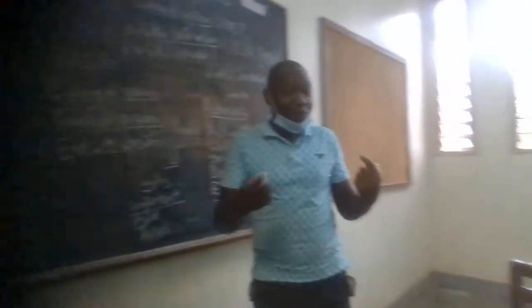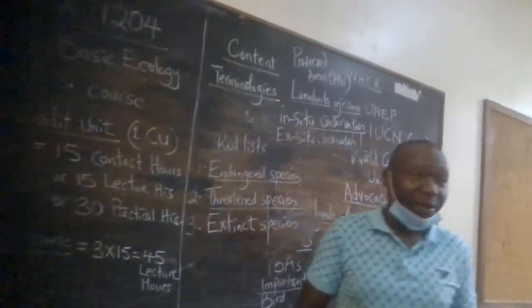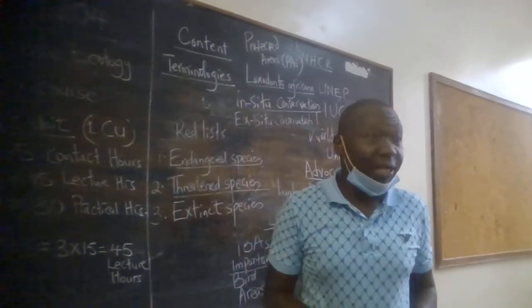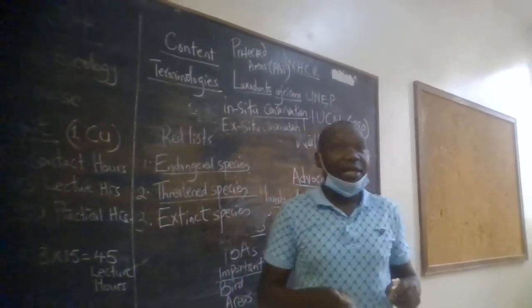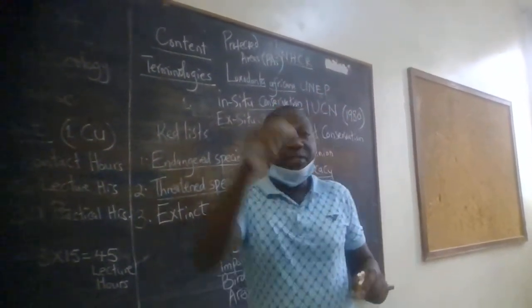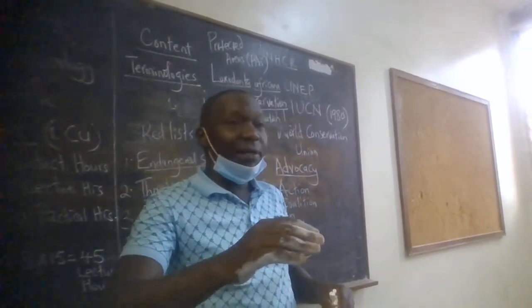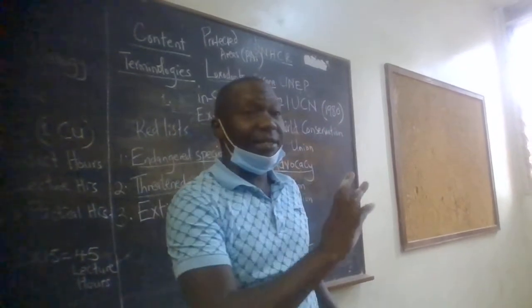Human activity generally. But from evolutionary records, or what we call paleontology, which deals with study of fossils, fossils being the remains of organisms that lived in the geological past.